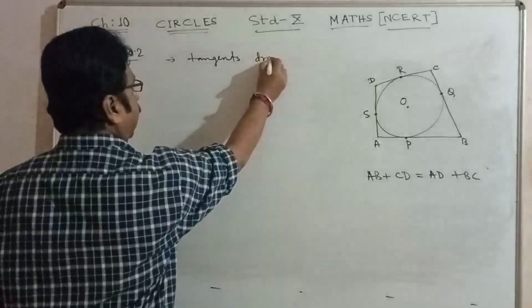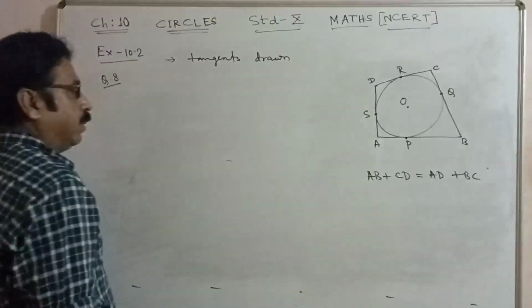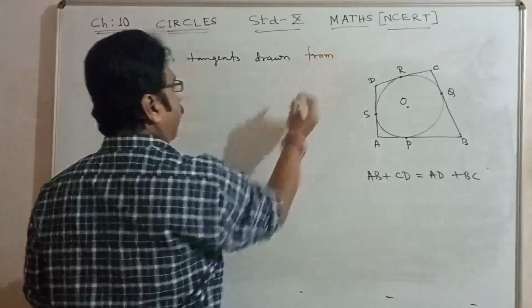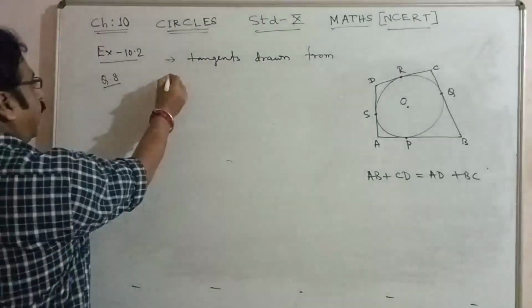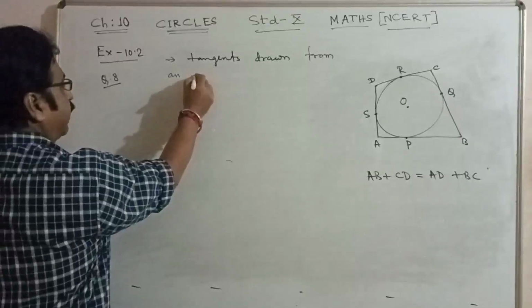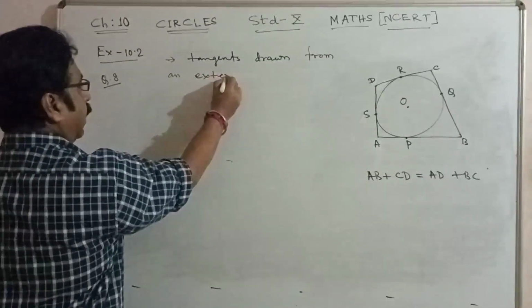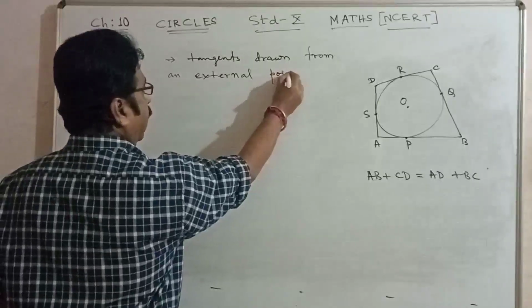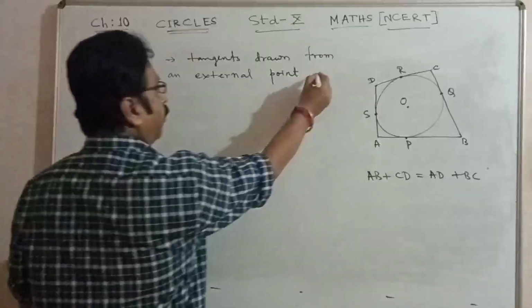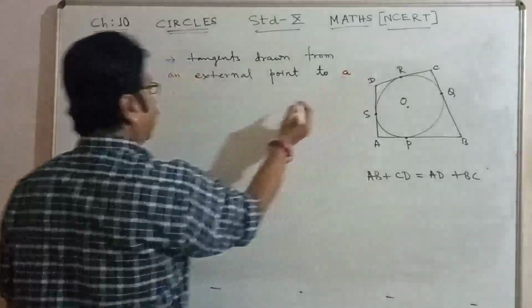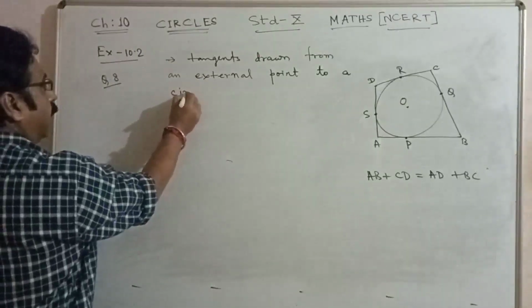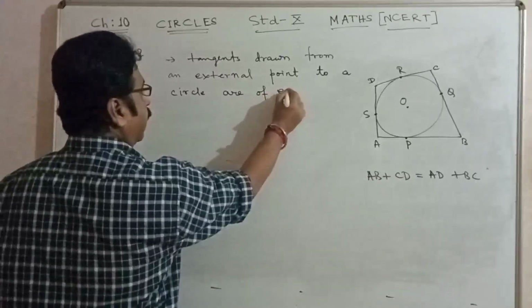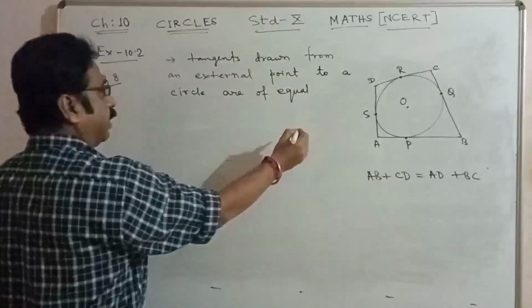Tangents drawn from an external point to a circle are of equal length.